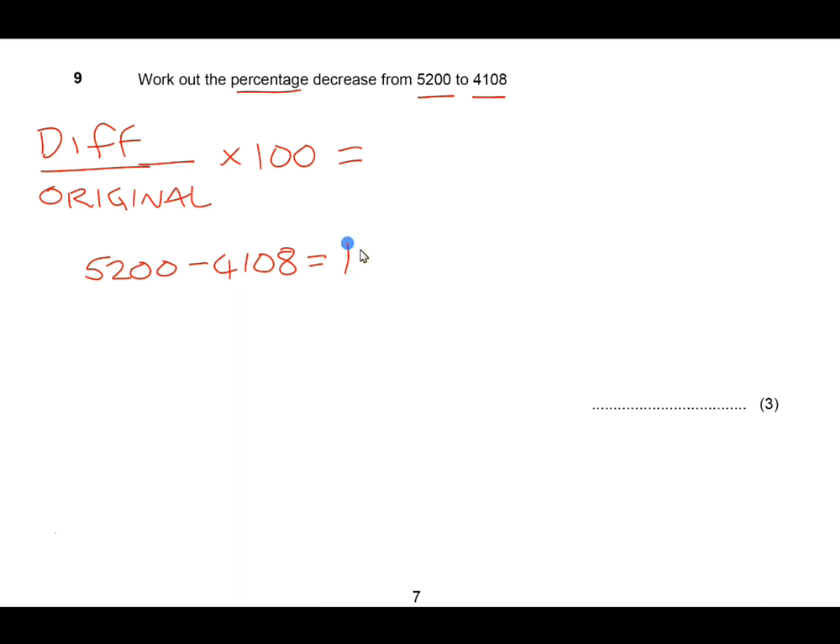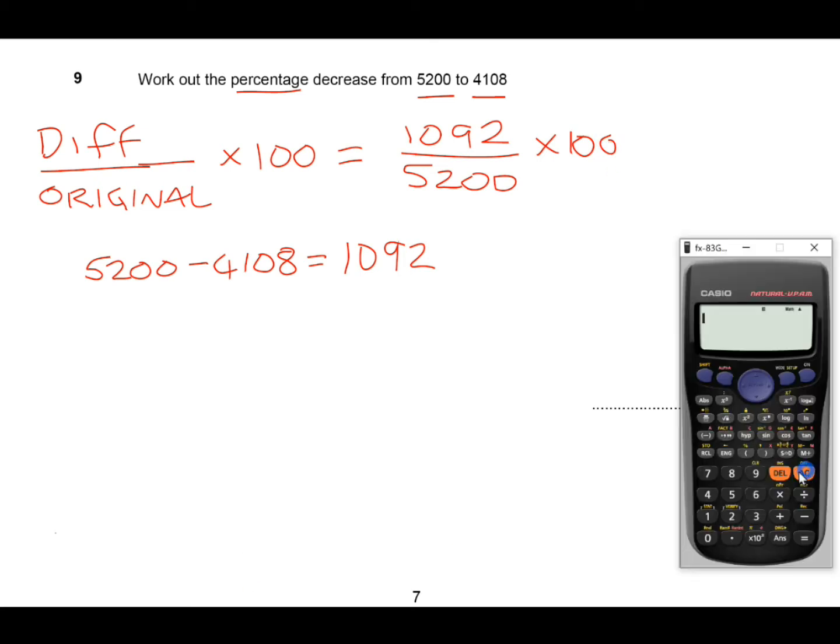That's 1,092. So the top half is 1,092 divided by the original amount, 5,200, and then just multiply it by 100 to get your percentage change. So we can do this on our calculator as a fraction.